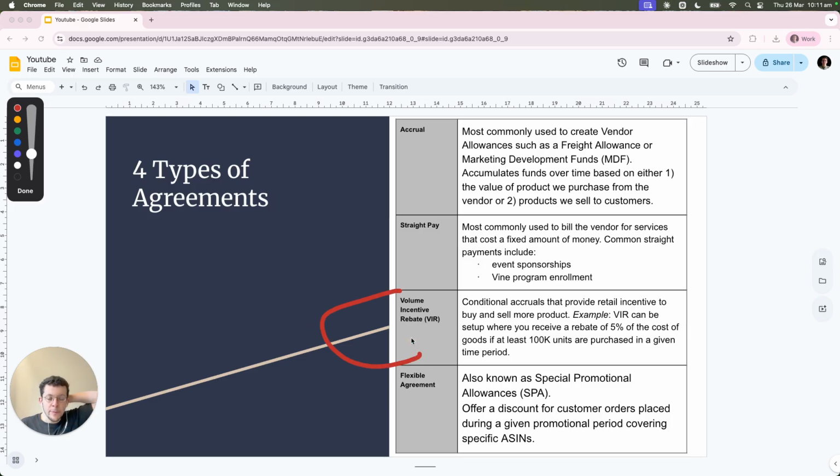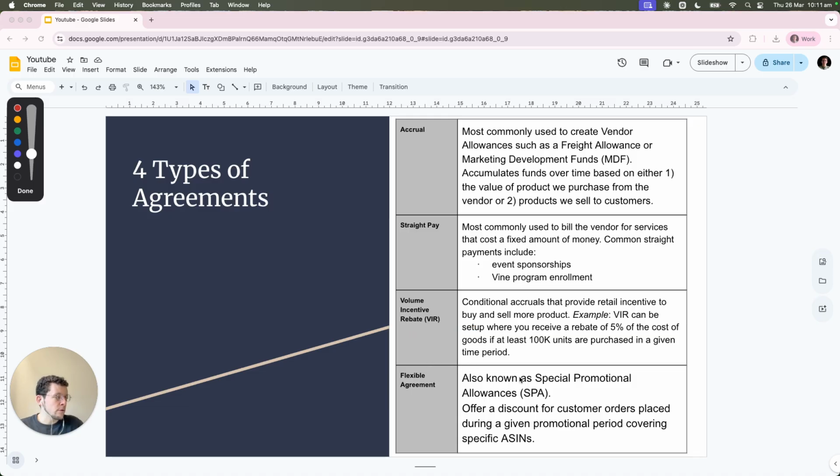So these are typically done with vendors to incentivize Amazon to buy more products. So it might be, if Amazon buys X dollars in a certain period, then there's a 5% or a certain rebate that you get back, for that quantity. So yeah, these are typically used to incentivize more sales.